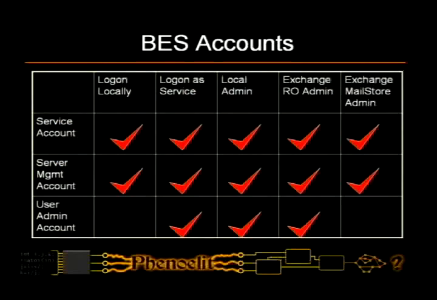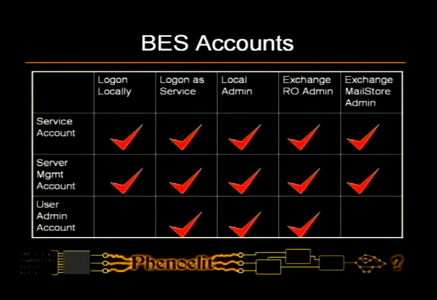This is the account privileges. Earlier I mentioned that you should look at what processes need what privileges. And you see here, this is from the operation manual. I just made it a bit more readable. You see it's quite powerful. So the service account needs log on locally, log on as a service, local administrator, read-only administration of the entire Exchange, and read and write administration access to the Exchange mail store.